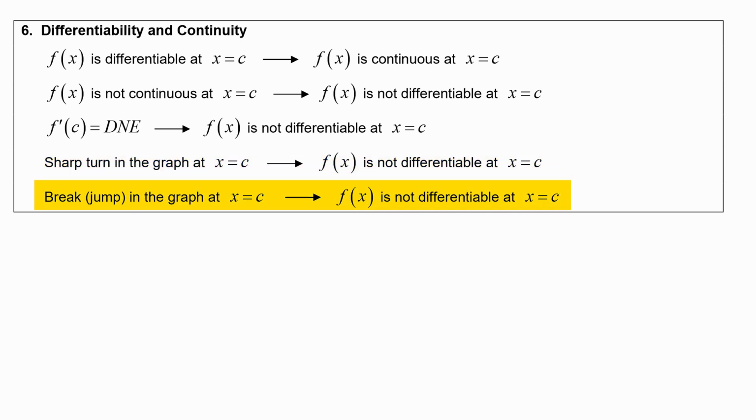Finally, a break or a jump in the graph at x equals c implies that f of x is not differentiable at x equals c. Again, that means the derivative does not exist there. So if we have a sharp turn or a break or a jump in the graph at x equals c, that tells us that f prime of c does not exist.